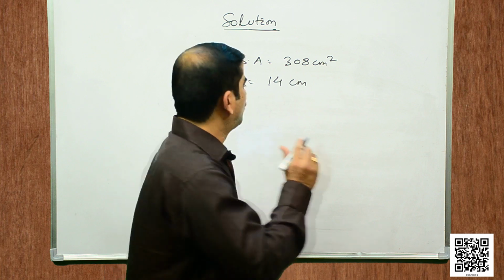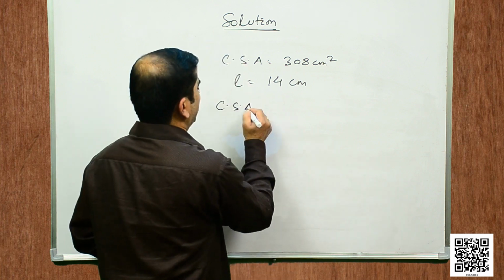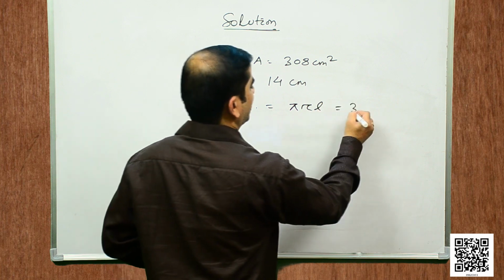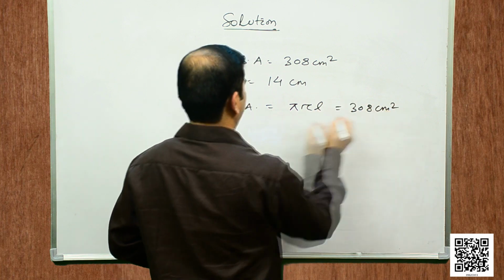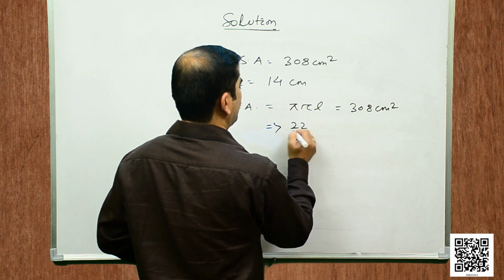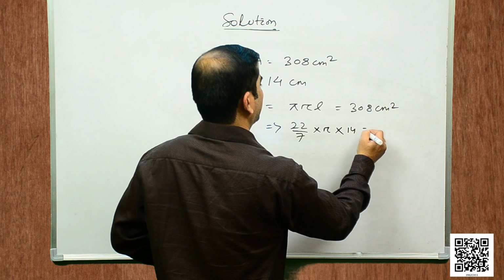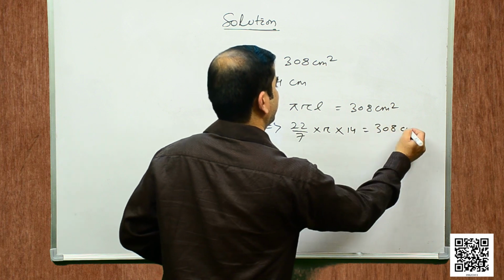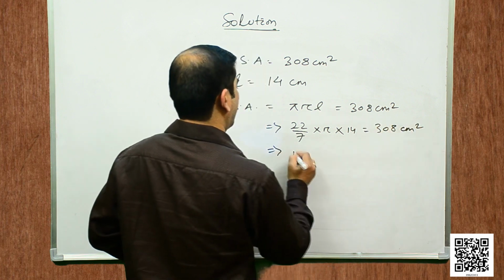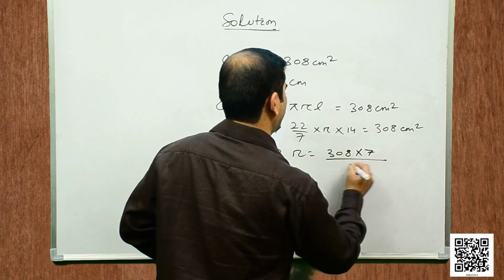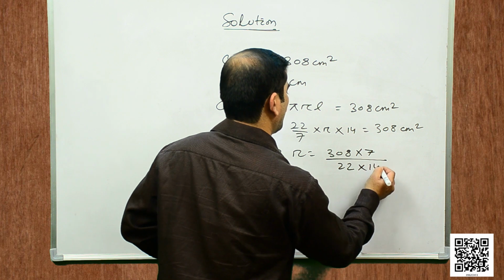We know that curved surface area is equal to pi r L, that is equal to 308 centimeter square. That implies 22 by 7 into r into 14 is equal to 308. That implies r is equal to 308 into 7 divided by 22 into 14.